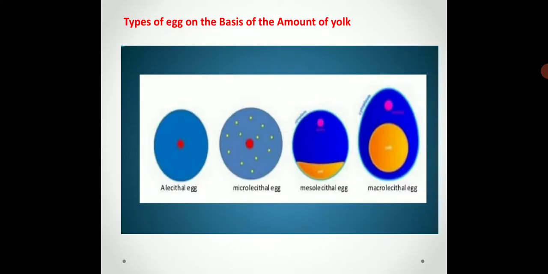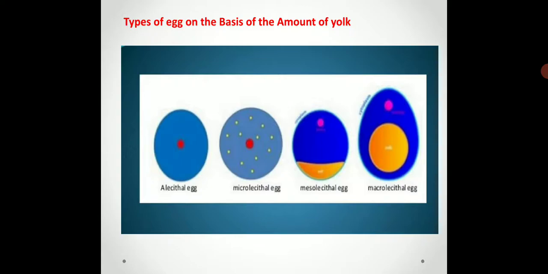Here is the picture which clearly shows the amount of yolk present in the egg. First one is the Alecithal egg, that is the absence of yolk. Second, Microlecithal egg. Micro means small, that is a small amount of yolk. Meso, that is a moderate amount of yolk.